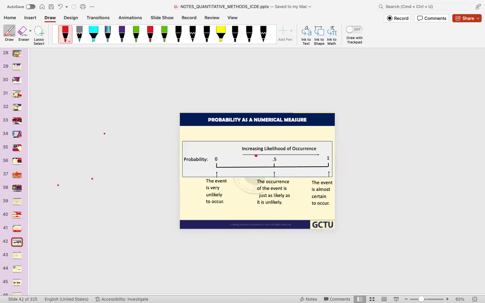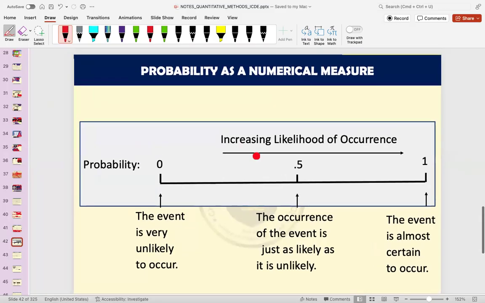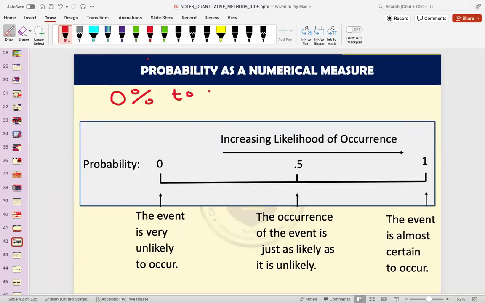Let's look at the measurements now. How do you measure probabilities? We have three conventional ways. Probability measurement, for your information, starts from 0% to 100%.